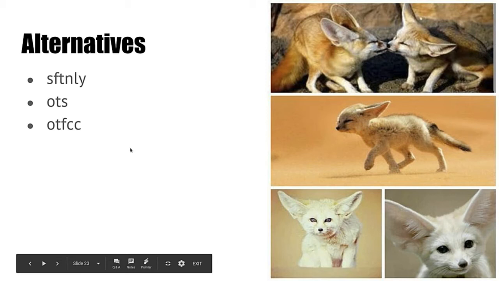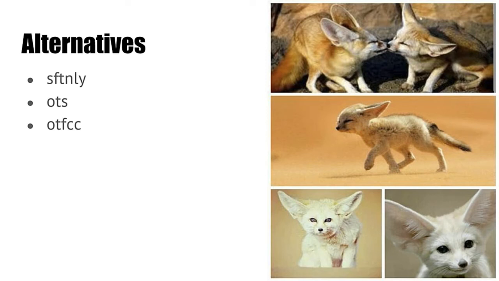So there have been alternatives we could have considered, and I'll quickly walk you over why I didn't choose to use them. Sfntly is the original subsetter that the Google Fonts team was using. It was originally written in Java, but ported to C++ by the Chrome team to use for printing.